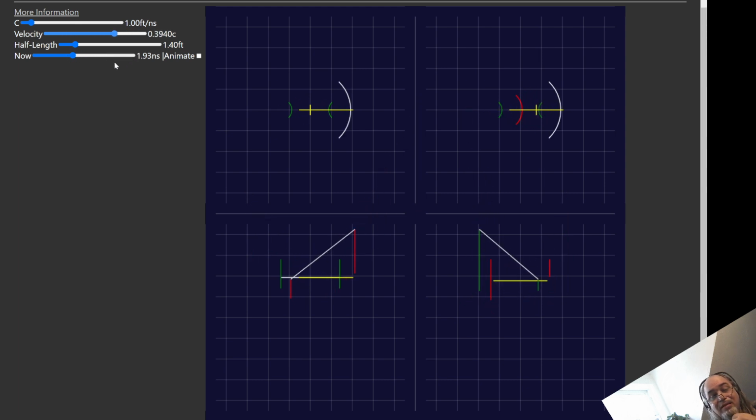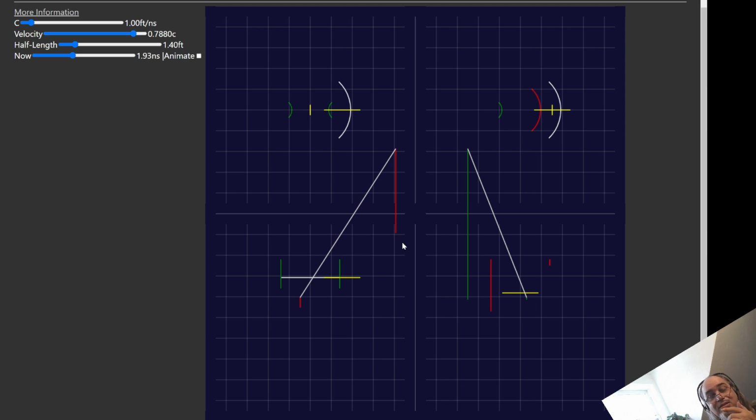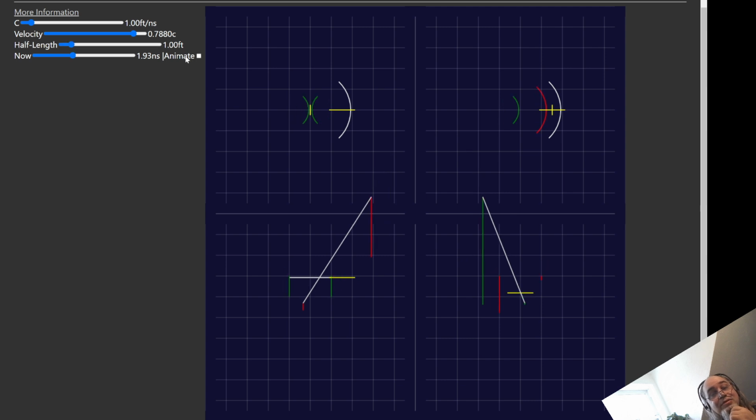And then, but the problem is, these aren't exactly mirrors of each other. There's a distance of 2 here, or 1.4. There's a distance of 2 here, but then this goes out almost to 2, while this is not quite as far away.